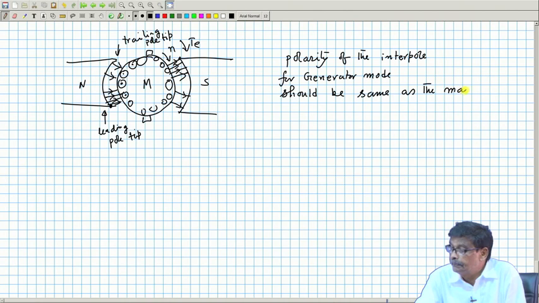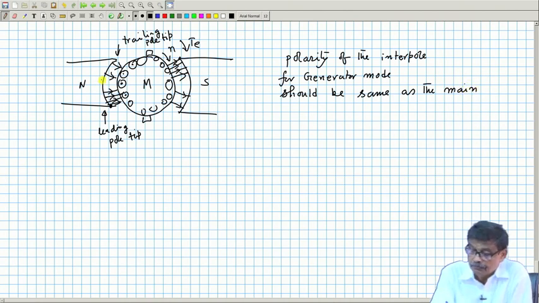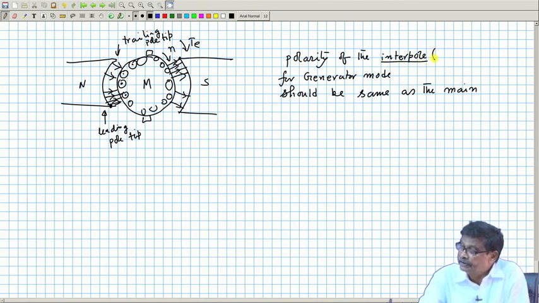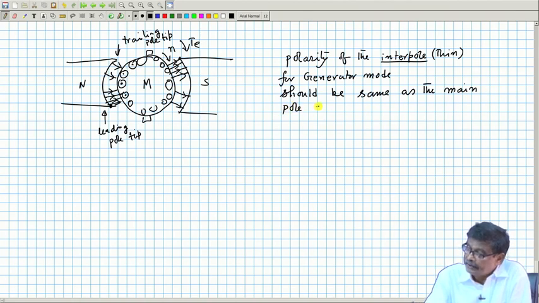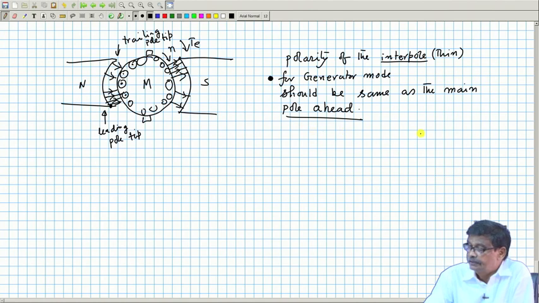The main poles are the big poles. Interpoles are very small, very thin. The polarity of the interpole should be the same as the main pole ahead. This is a bullet, under this bullet we write.